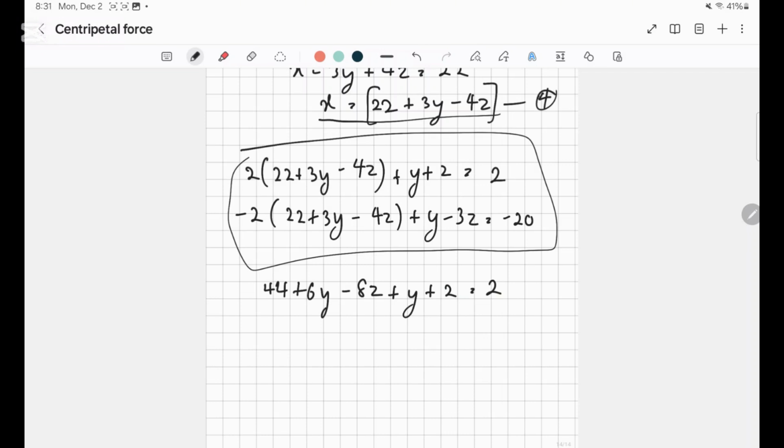So that is 7y minus 7z equals... oh, sorry, wait a minute. This is z, I'm sorry.